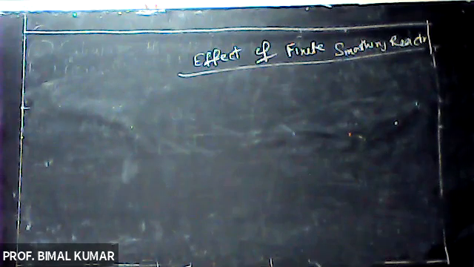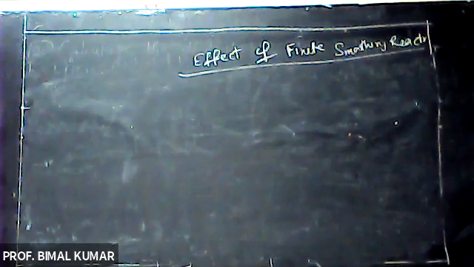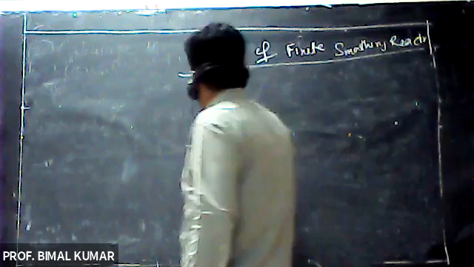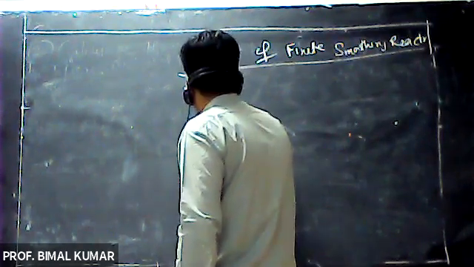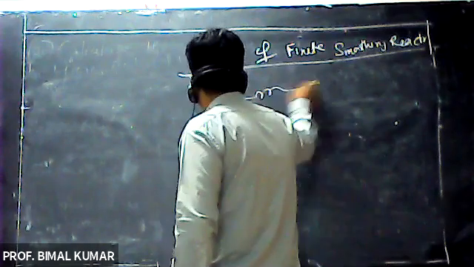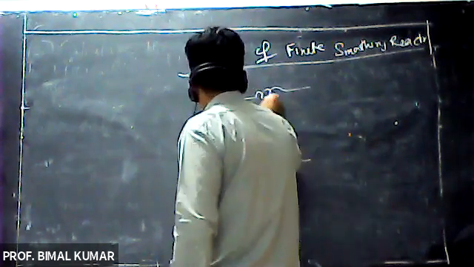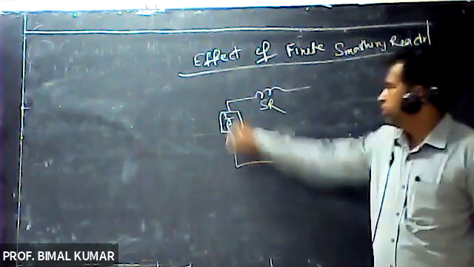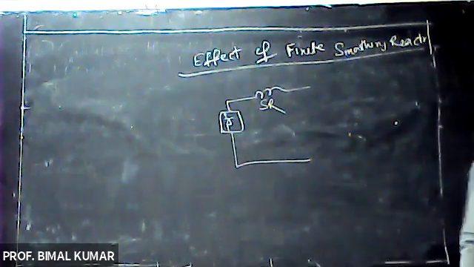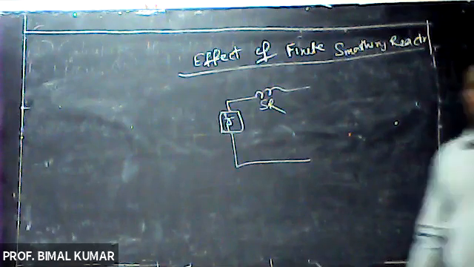Here, let us say, this is your 12 pulse converter, and here is your smoothing reactor connected.